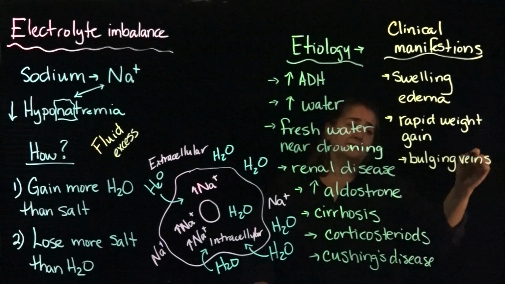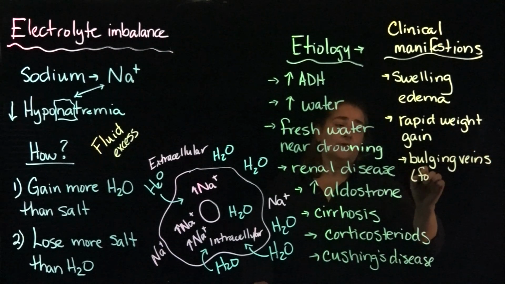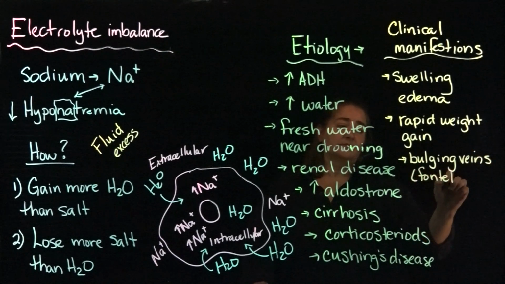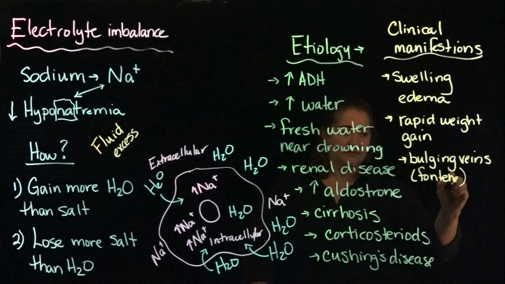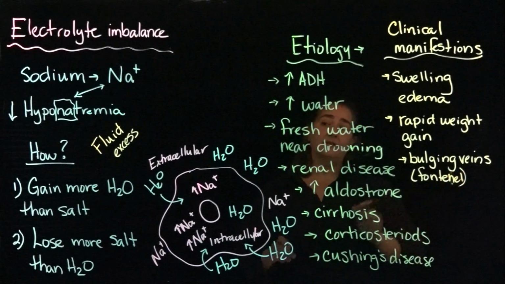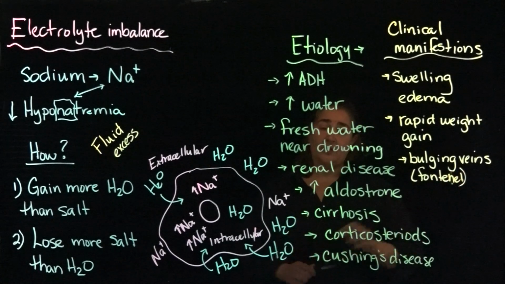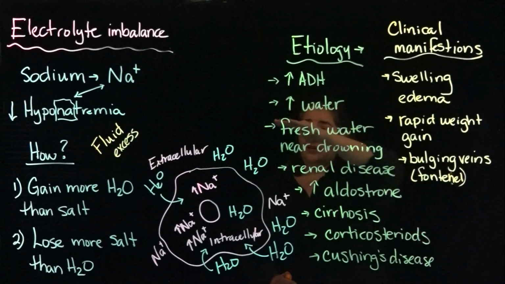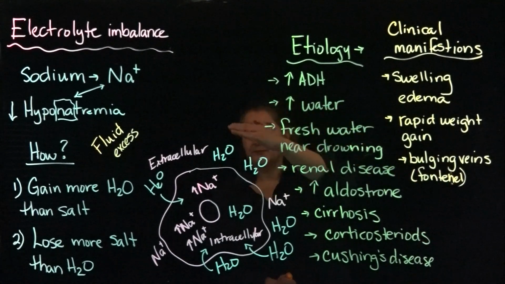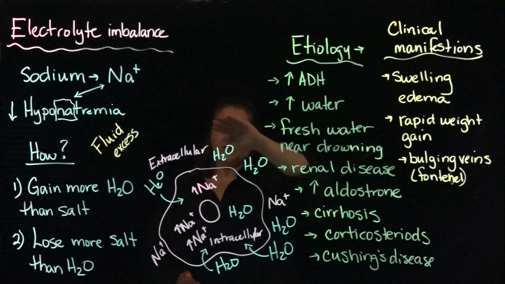Bulging veins, or the fontanelle in infants can be a great way to monitor fluid levels in infants. If that fontanelle is a little decreased, it would indicate dehydration.